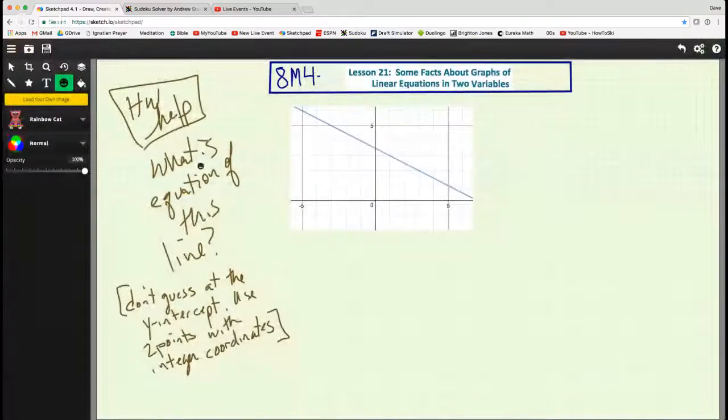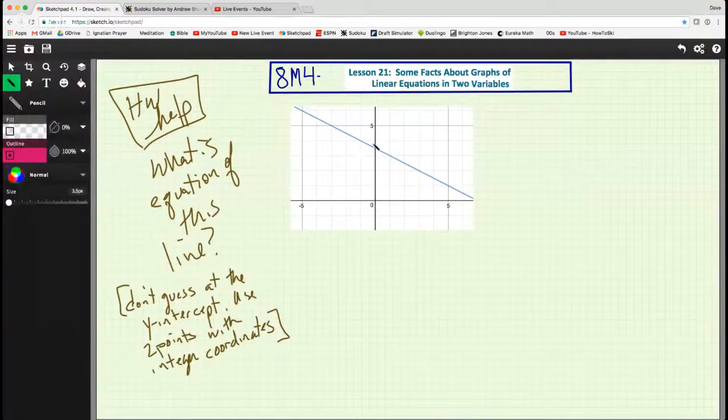All right, last question. Don't let this one fool you. What is the equation of this line? Now notice that you think you might know this y-intercept, but don't guess, even though it looks like it might be 3.5. I'm not so sure. I might be trying to trick you. So let's find 2 points with integer coordinates on this line.